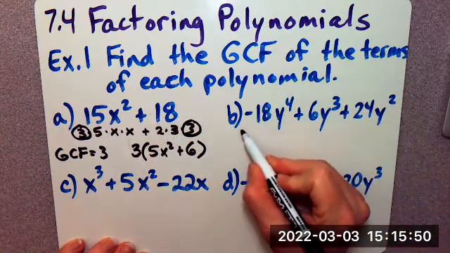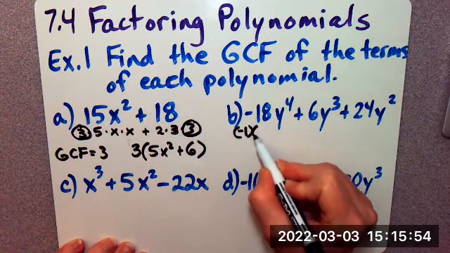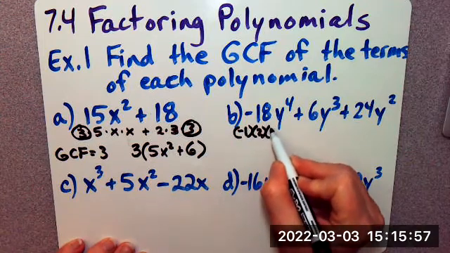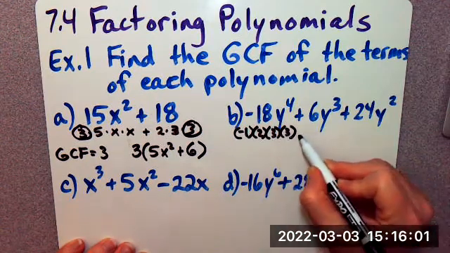So this one we have -1 times 2 times 3 times 3, and then we have 4 y's.